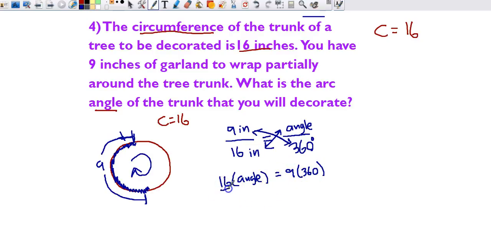And then I can divide that 16 out, and that gives me just the angle.